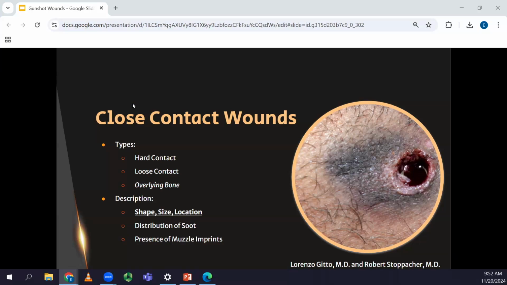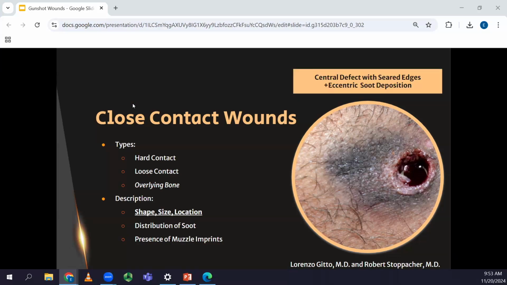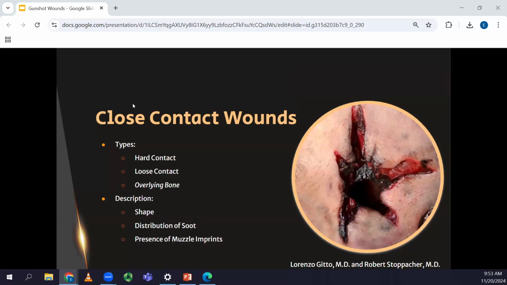Outside of the central defect with blood in it, what are we seeing on the outside? Soot. It looks like soot, right? So that's a central defect with seared edges and eccentric soot deposition. The reason you'd say eccentric is that it's not completely circular around the wound. This might not be important clinically, but it is important forensically because that could tell us the direction of where the gun placement was. How about this one? How would you describe this one?